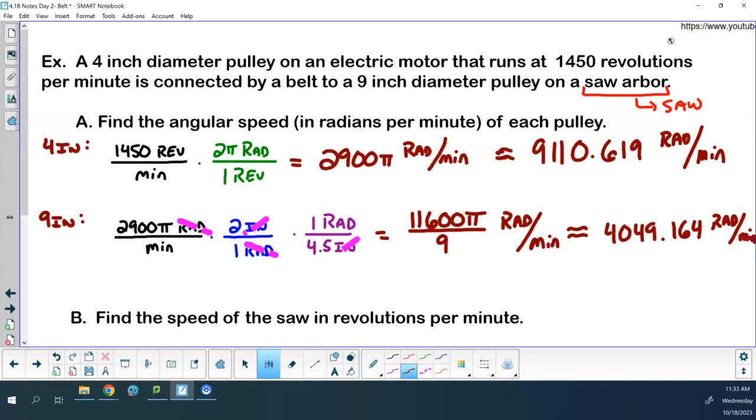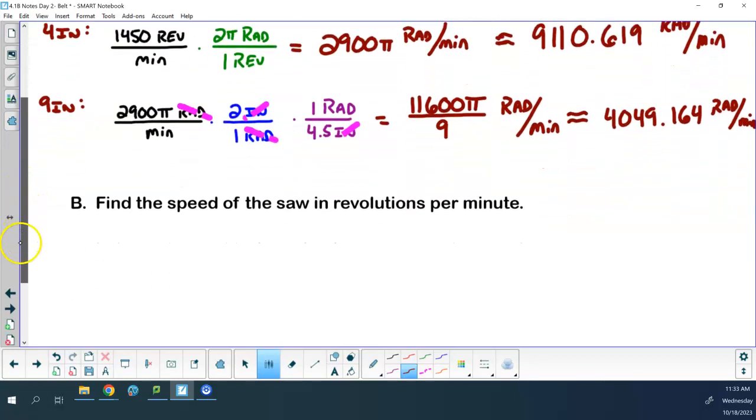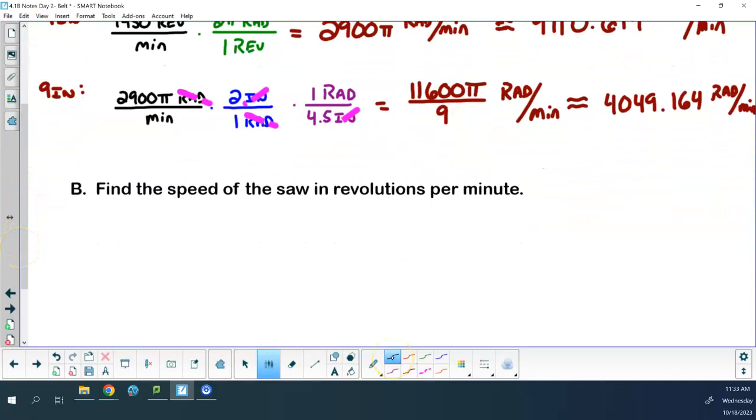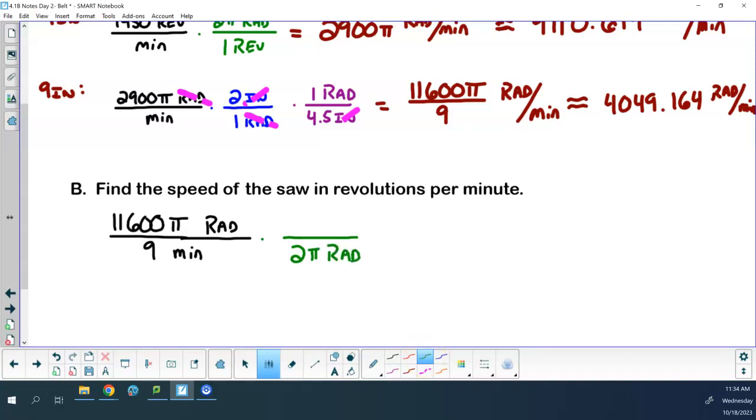Okay? Find the speed of the saw in revolutions per minute. Okay, so now we're going to take this 11,600 pi over 9, and we're going to multiply that. Oops, excuse me, we should put a label on there. That was radians per minute. We're going to multiply that by 1 revolution over 2 pi radians.